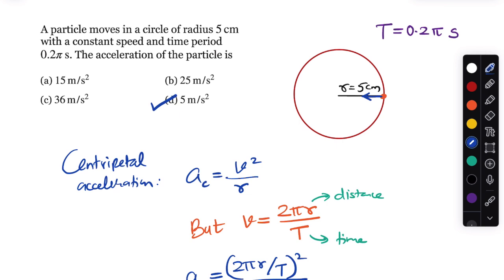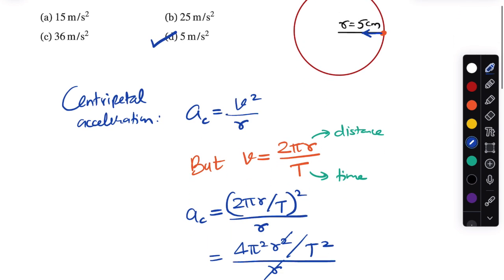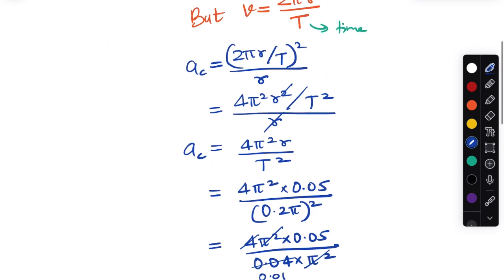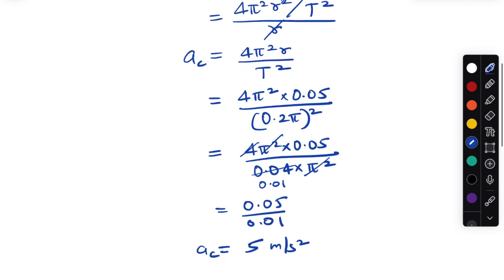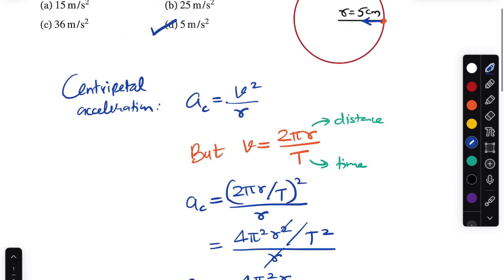We also need to be able to mold this formula into a form that can be useful in this particular situation, where we are aware of the radius and the time period, but not the speed of the particle right away. We are not given the speed of the particle, so we can't just use the equation for centripetal acceleration as it is. We'll have to modify it a bit and then plug in the values, and we get this particular value, 5 meters per second squared.